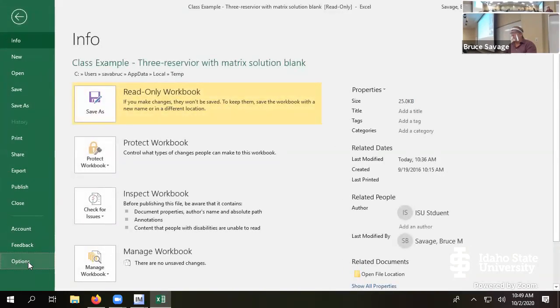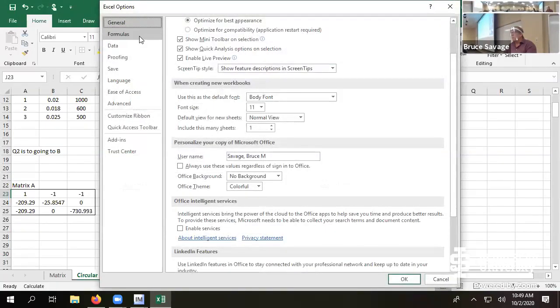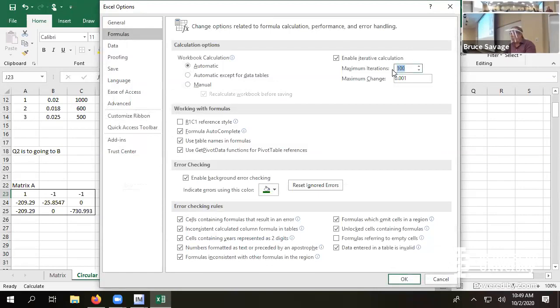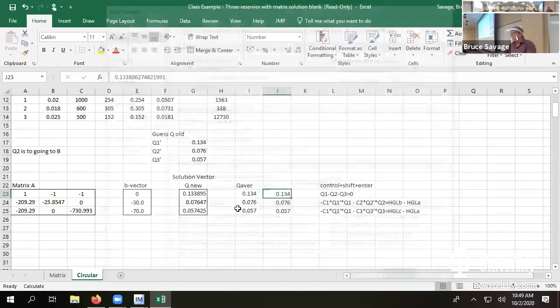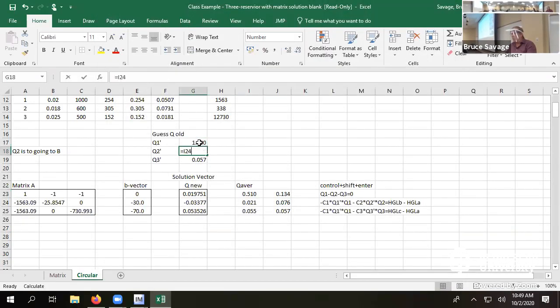If I came back here into options and said formulas, do this once, came back over here and started off with my initial values, they do the same thing now. So I'm going to grab a Q average, and grab all of those. I guess I could just drag that down, but anyway.